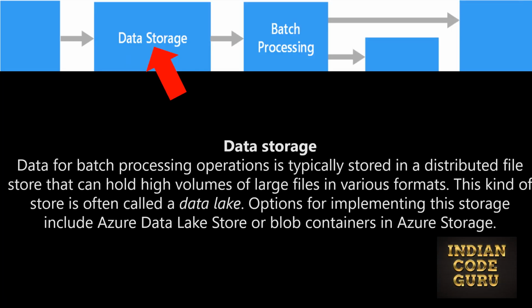Data storage. Data for batch processing operations is typically stored in a distributed file store that can hold high volumes of large files in various formats. This kind of store is often called a data lake. Options for implementing this storage include Azure Data Lake Store or blob containers in Azure Storage.